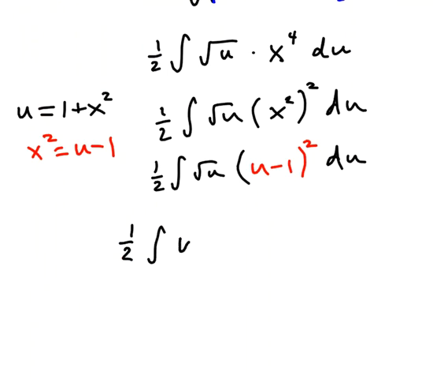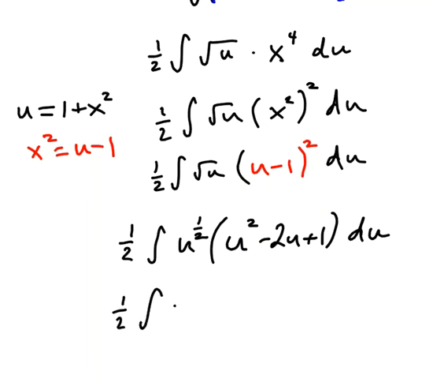But luckily, we have a product that we can actually combine. So I have the square root of u, I can rewrite as just u to the 1/2. And u minus 1 quantity squared, well, that's just u squared minus 2u plus 1. Still have my du. And now I'm going to just distribute that u to the 1/2 in.